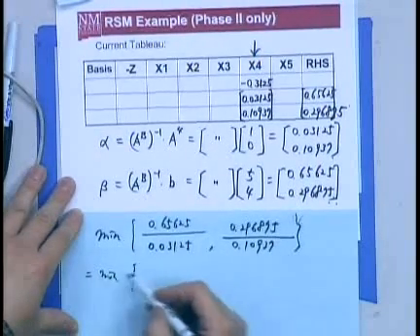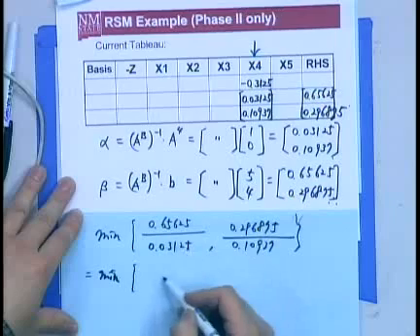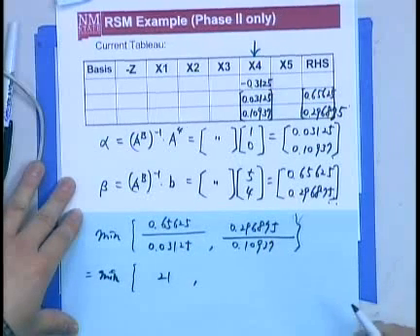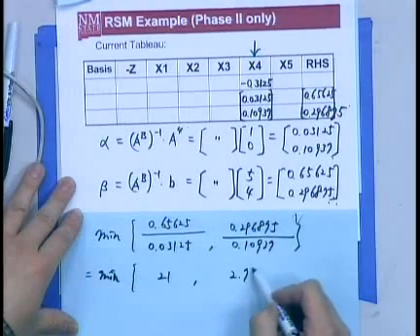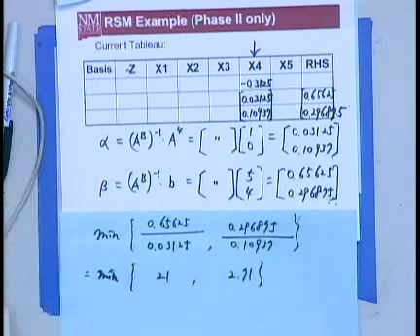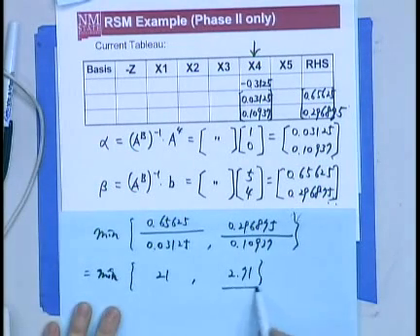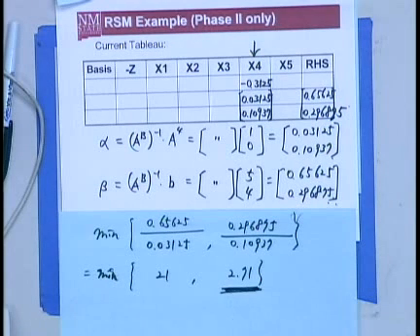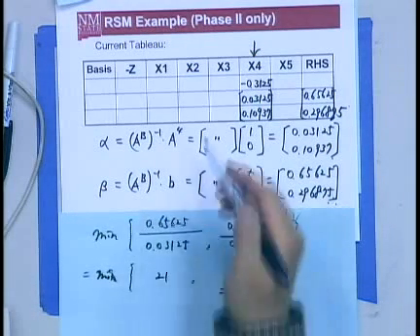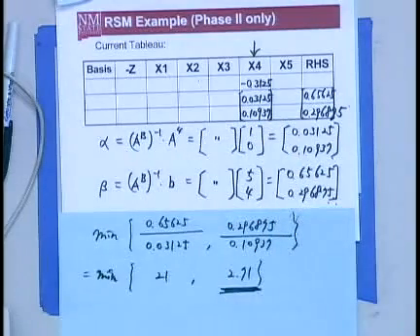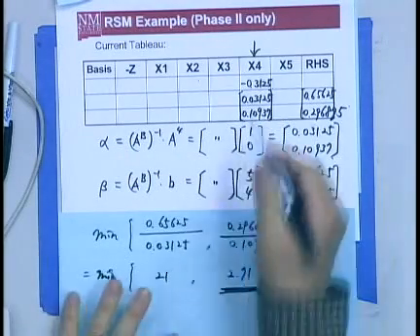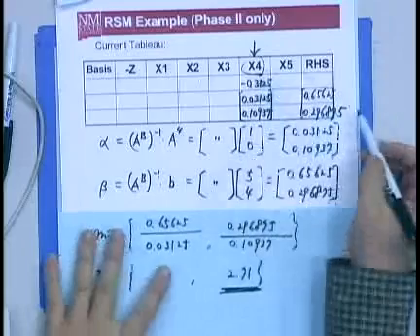And this value is approximately 21, and the second value is 2.71. Okay? So minimum occurs at the second row. And because the second row is minimum, the second basic variable, which is the x2 variable, is replaced by the entering variable, which is x4, right?